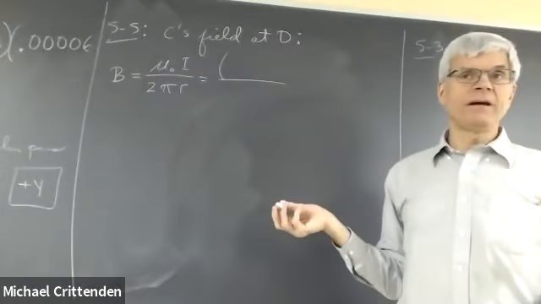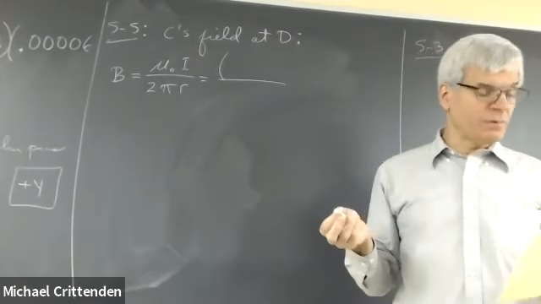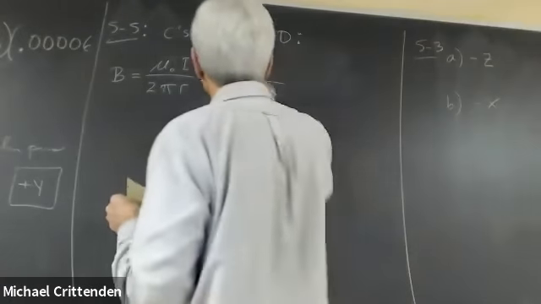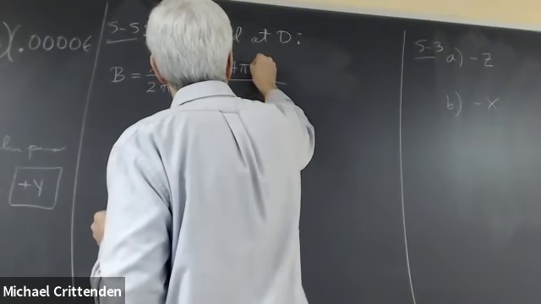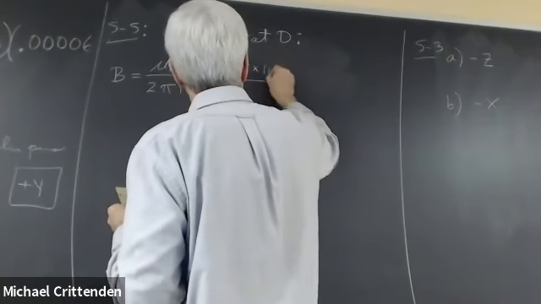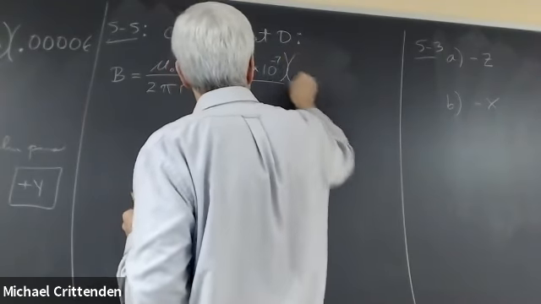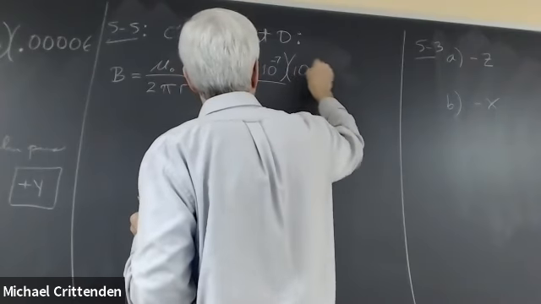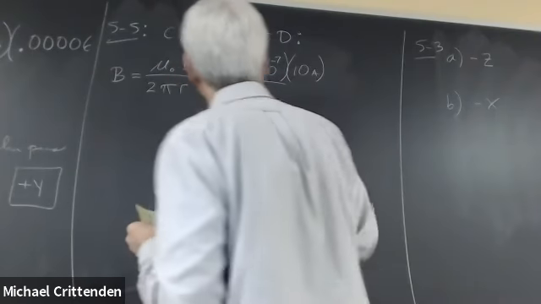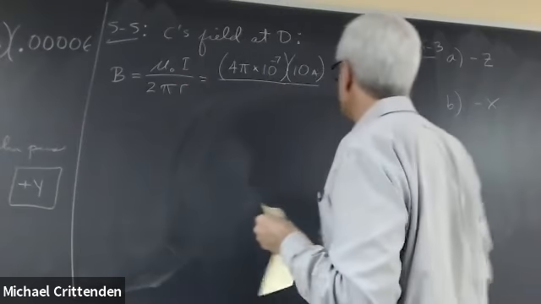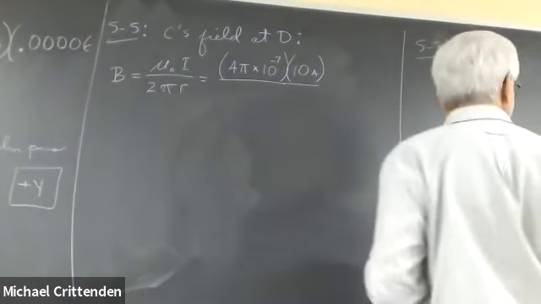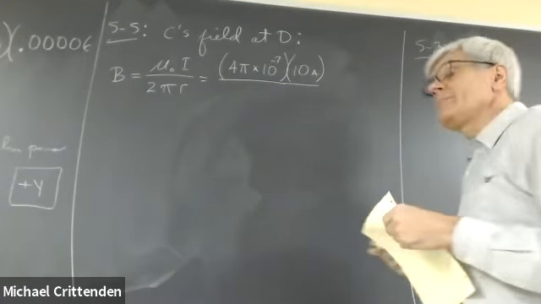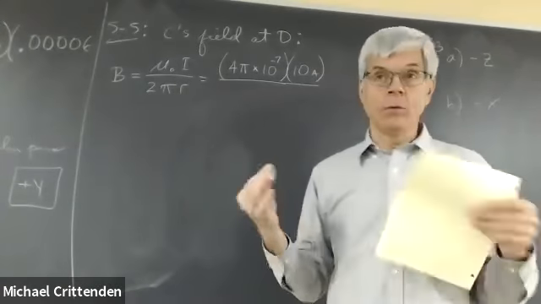Mu-naught again is a fundamental constant. You can look that up in some table in your reference handout. 4 pi times 10 to the negative 7. I is 10 amps, the current in wire C, because we're finding the magnetic field produced by wire C.